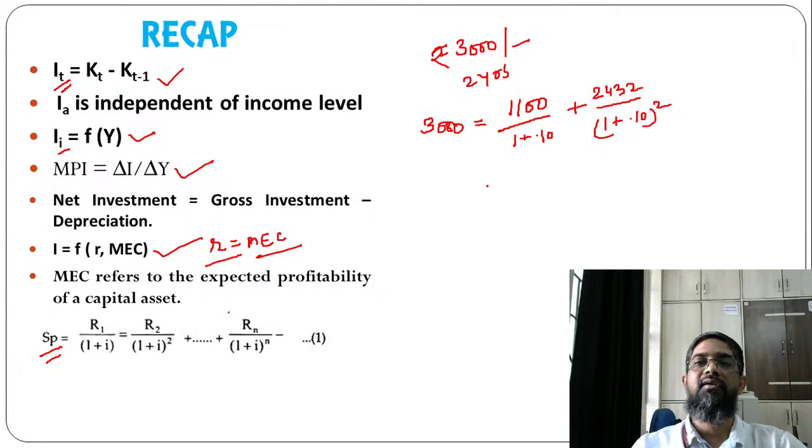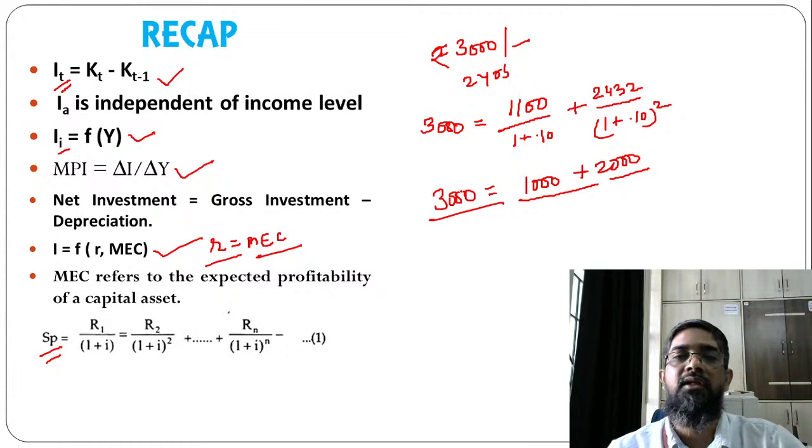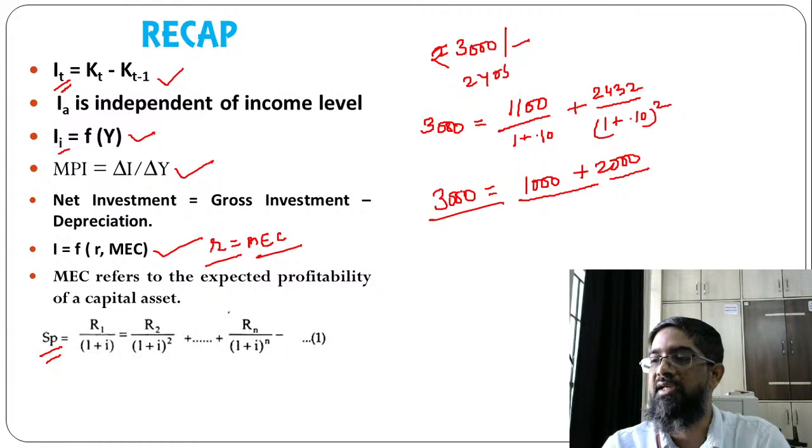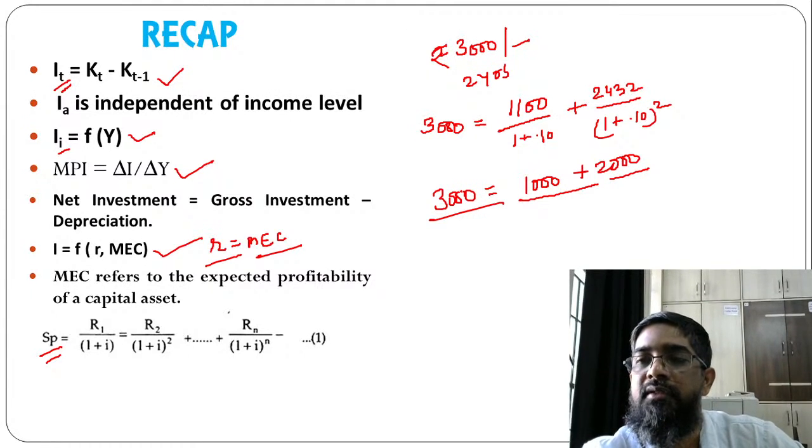When you solve it, the values should come like this: 1000 and 2000, which will be equal to 3000. So your expected return's present value should be at least equal to this much, then you will have a balance, right? There will be equality of supply price with the expected earning over a period of 2 years.